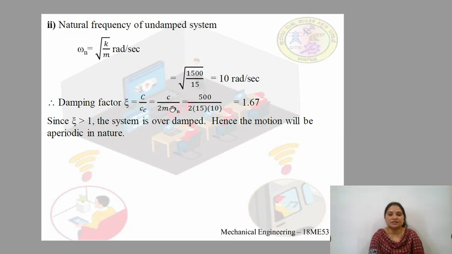In this equation, the value of mass and the value of omega n are substituted along with the damping coefficient, so that the value of zeta is obtained as 1.67. Since the value of zeta is greater than 1, we call the system an overdamped system. Hence, the motion will be aperiodic in nature.